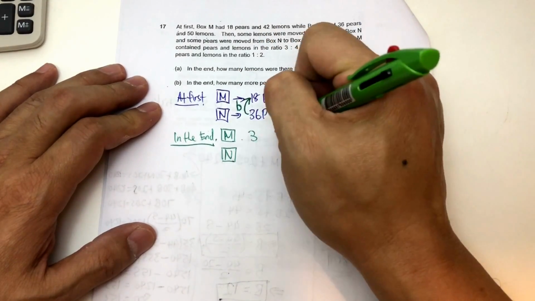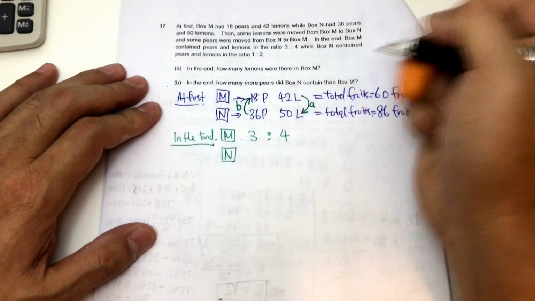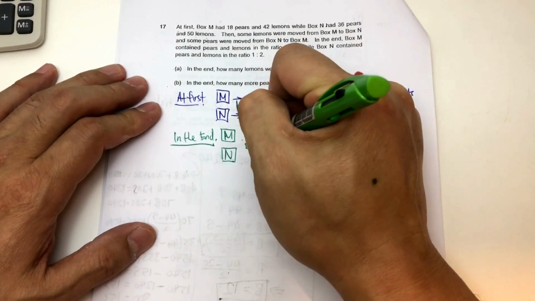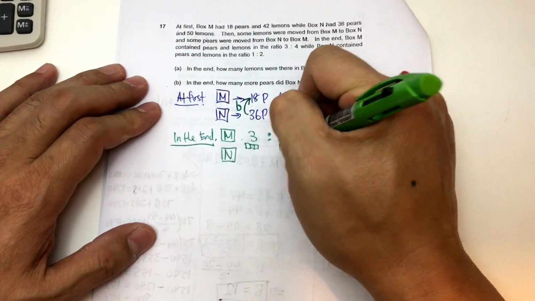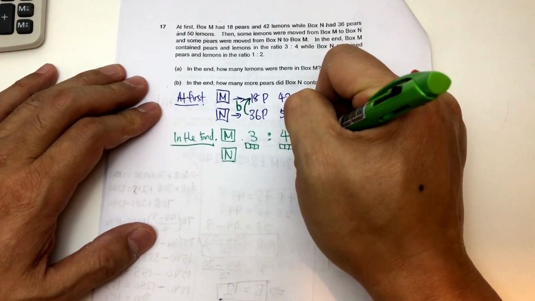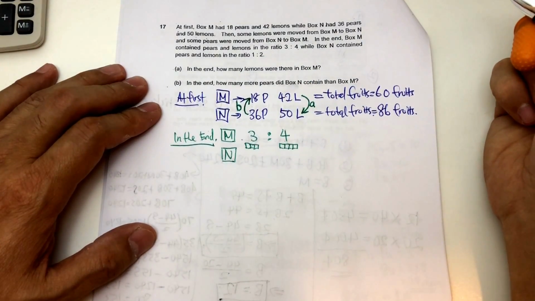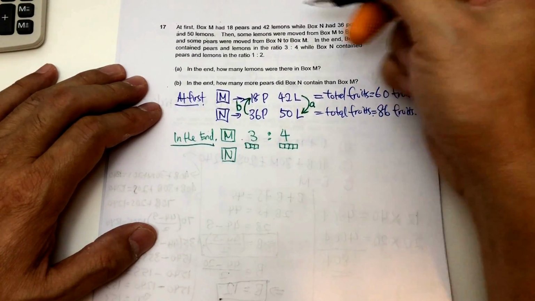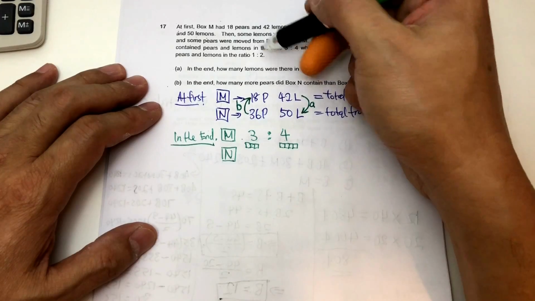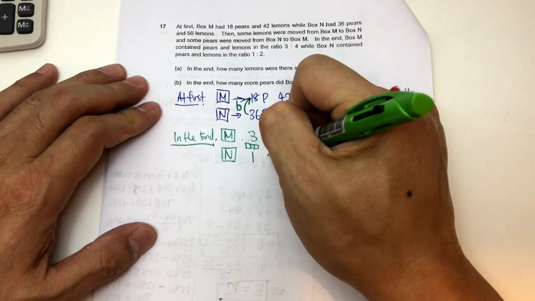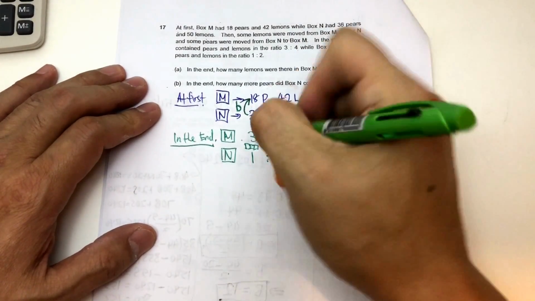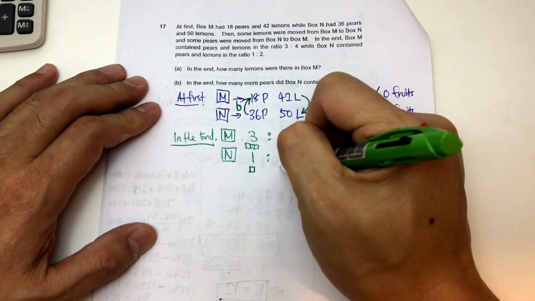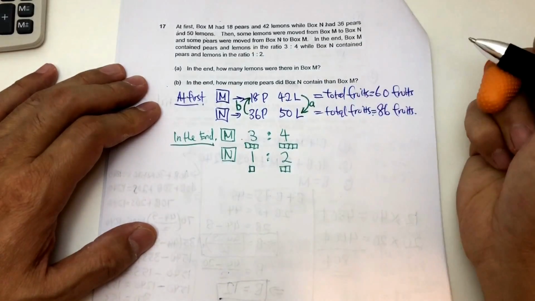So 3 to 4, which means that we got 1, 2, 3, and 1, 2, 3, 4. Right? 3 to 4. All right. Now, box N contains pears to lemons in a ratio of 1 to 2, which means that we got 1 pear for every 2 lemons.